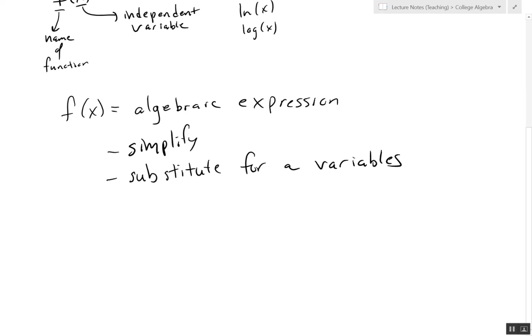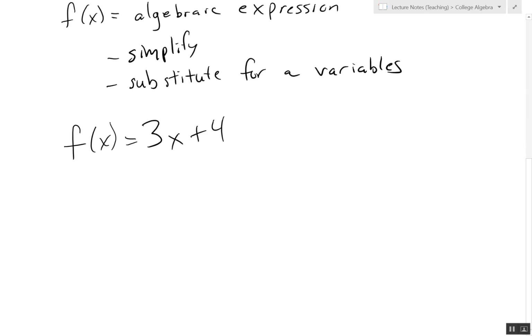So let's look at an algebraic expression. f of x equals 3x plus 4, which is just my line written in a different notation. So, what does the function think about this? Well, from f's point of view, this is what we're doing.